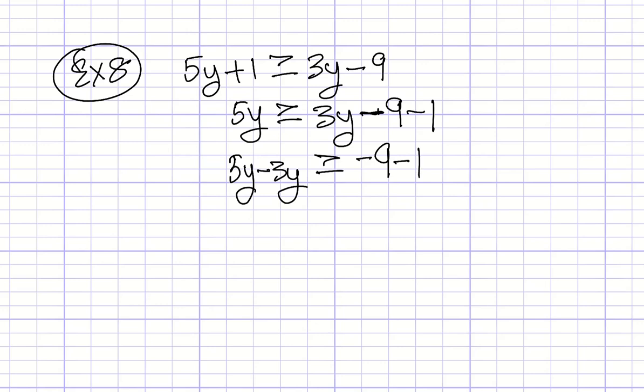You see that, right? So you simplify both sides. You get 2y greater than or equal to minus 10.